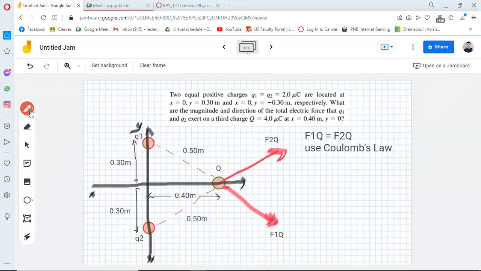Okay, so together with the other problem a while ago to find the Q, this is also a working task lang sa inyo. Use the component method of vectors to find the net force. Find the net force on Q. Do it in a piece of paper na malinis.